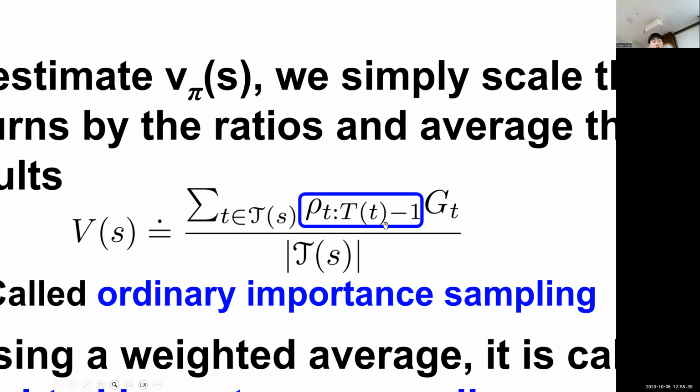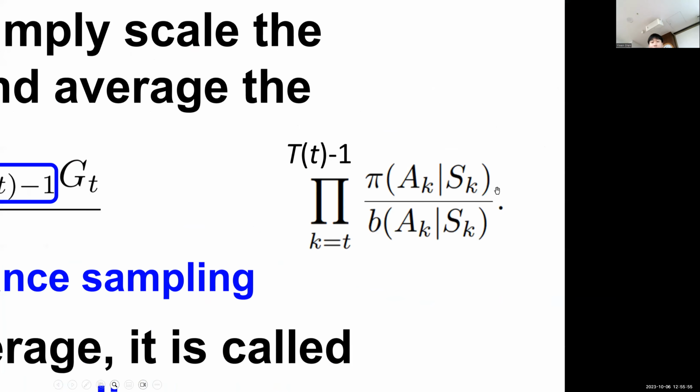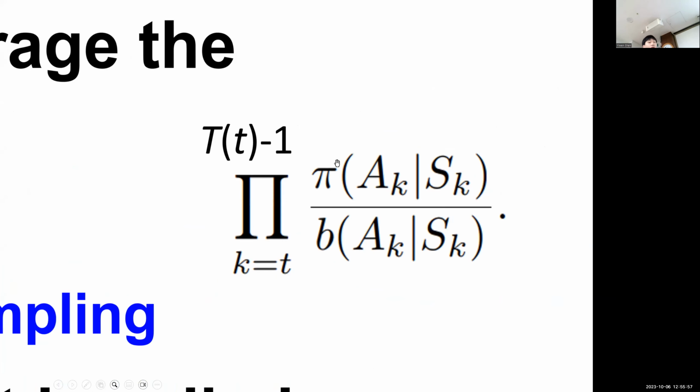We call it ordinary importance sampling. You simply add this scale, the ratio, to rescale the GT. Remember this rho is the product of the two policies' samples.